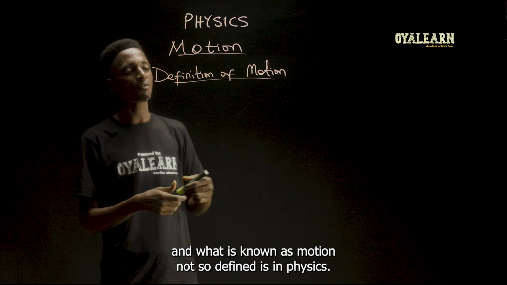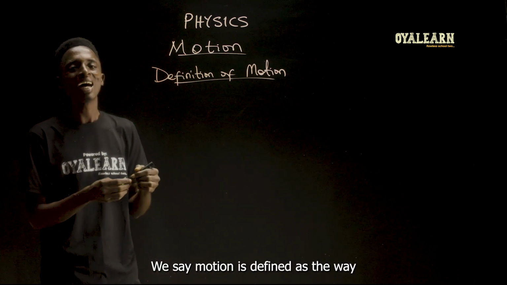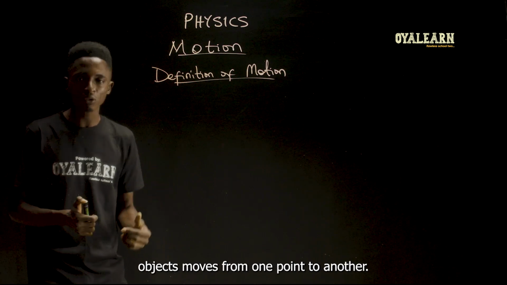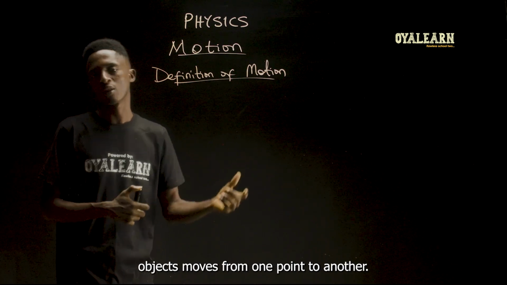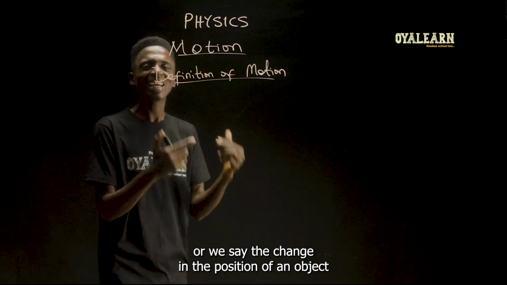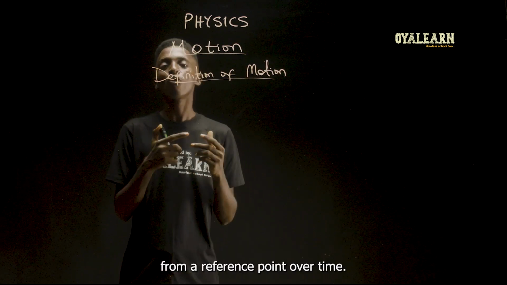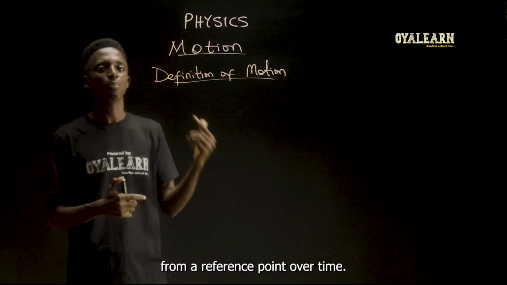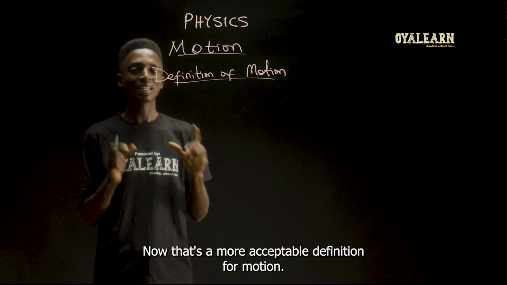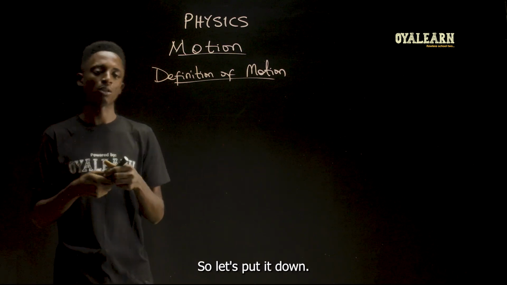Now, to define this in physics, we will say motion is defined as the way an object moves from one point to another. Okay, or we say the change in the position of an object from a reference point over time. Now, that's a more acceptable definition for motion. So let's put it down.